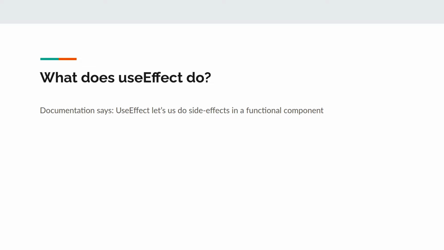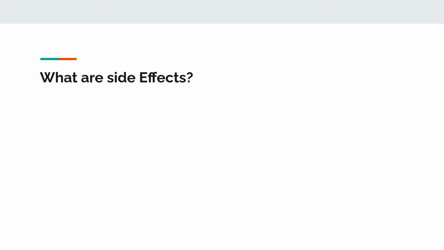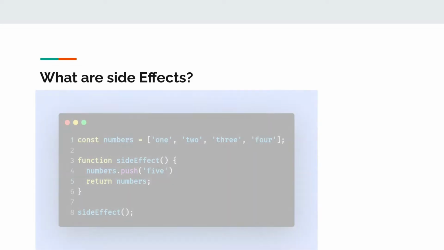Side effects are whatever is left over beyond what we have discussed about React; anything else which is pending comes under a side effect, right? Let me show you a code snippet to understand these side effects in a better way.